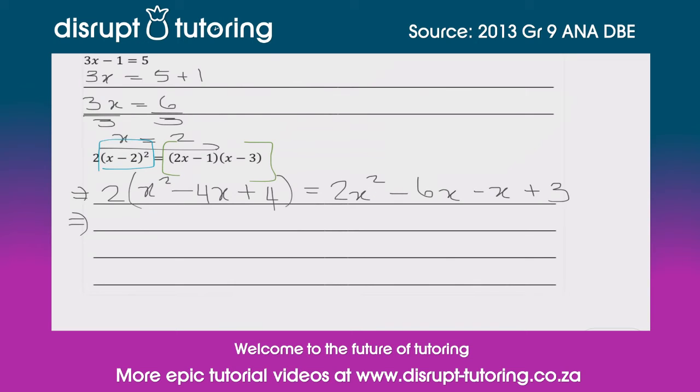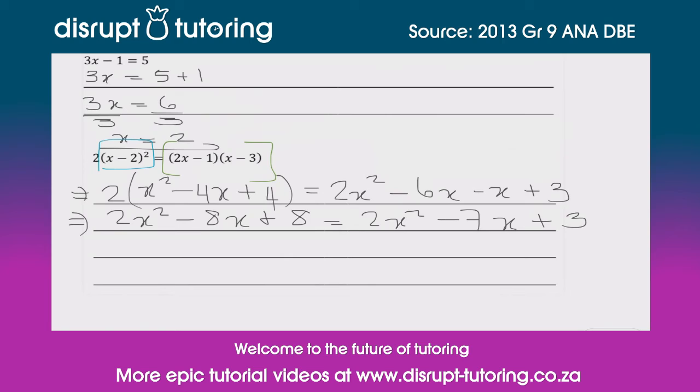So I'm going to use my distributive law to simplify this, and it becomes 2x squared minus 8x plus 8. Okay, so I've multiplied that in beautifully. Equals 2x squared. I'm going to simplify this in the meanwhile, just to save some space and time. So minus 6x minus x gives me minus 7x plus 3.